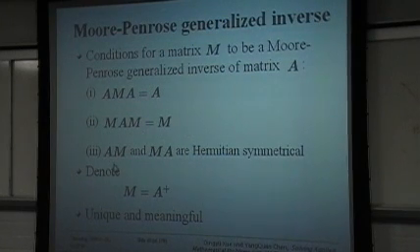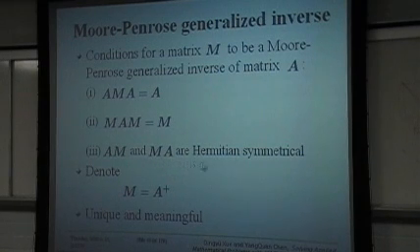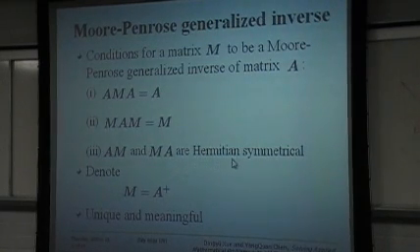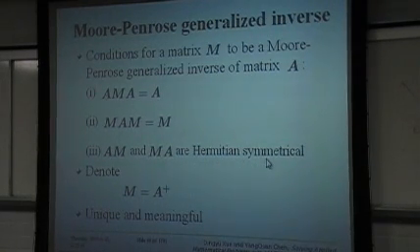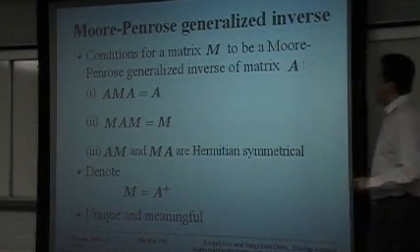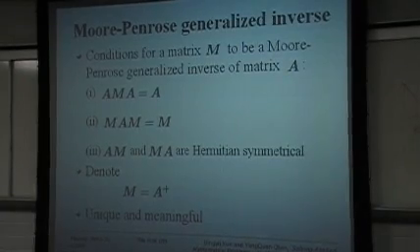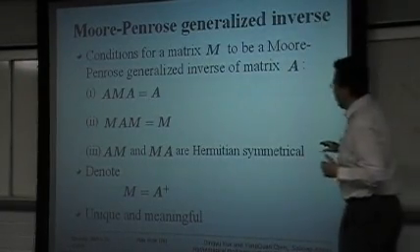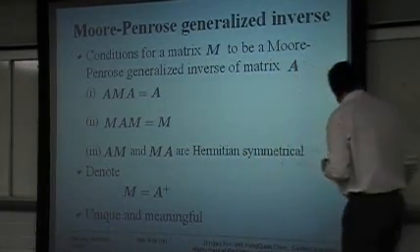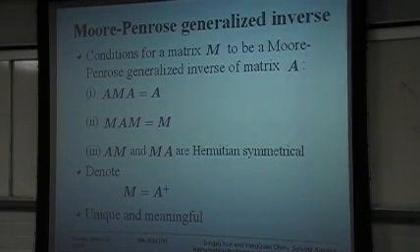And also A times M and M times A are Hermitian symmetrical. For real matrices, we say that they are symmetrical. For a real matrix, we will have something like this.